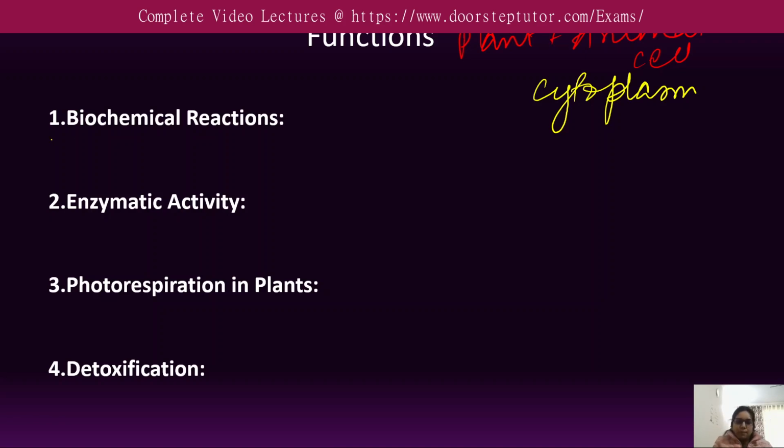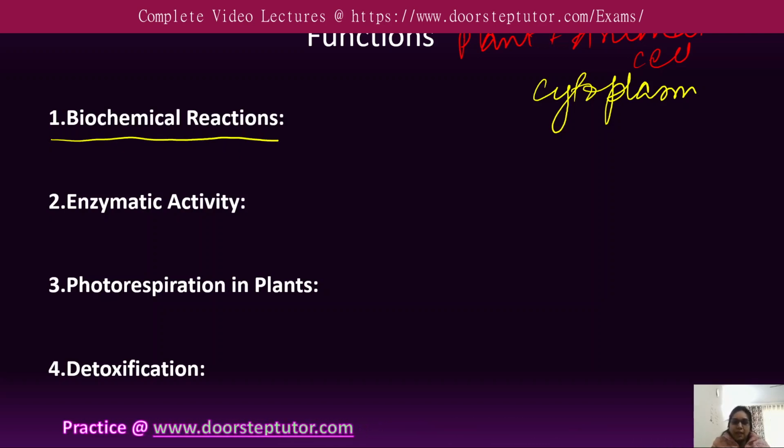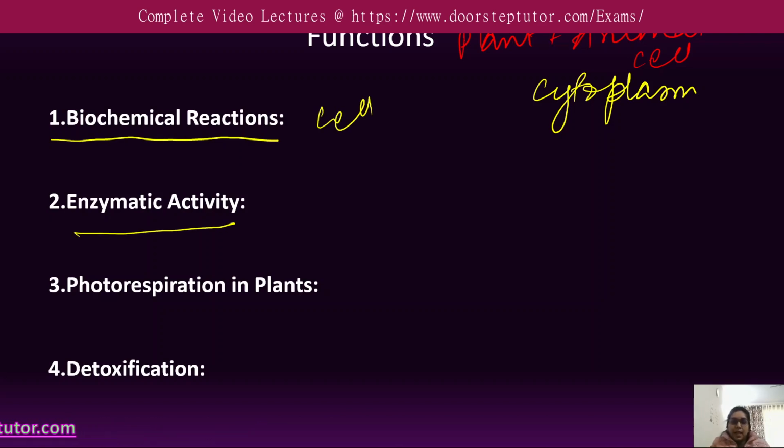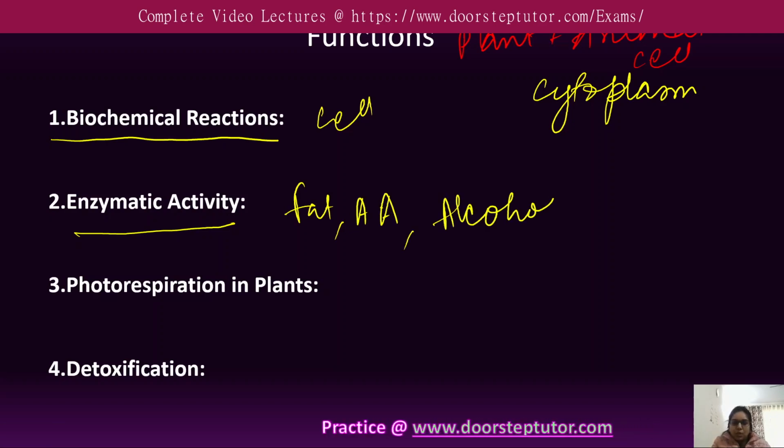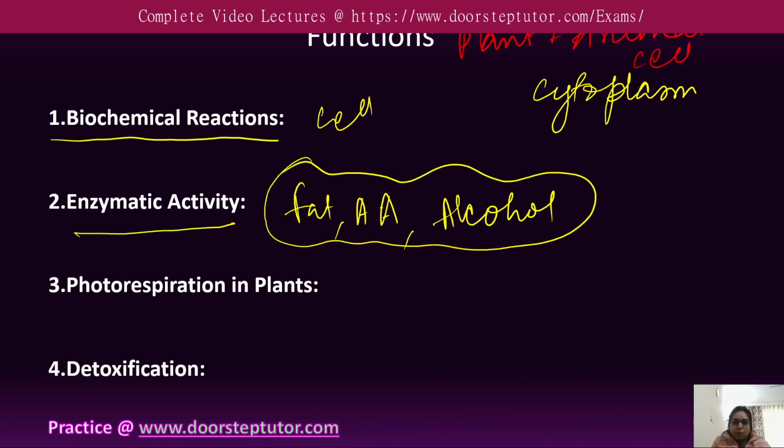The first one is biochemical reactions. Microbodies play a very crucial role in various biochemical reactions within the cell. Enzymatic activity: the enzymes present in the microbody facilitate essential reactions such as the breakdown of fat, amino acids, as well as alcohol. That function is performed by the microbodies.